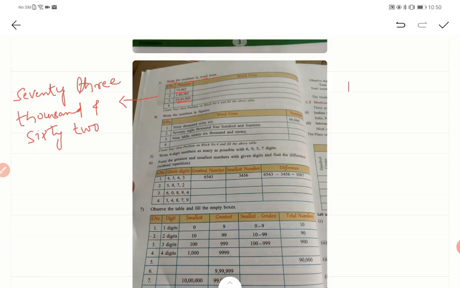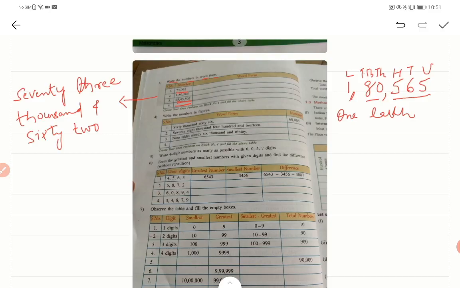See, if you have a doubt about how to write a number in word form, just note it down and give it place values: units, tens, hundreds, thousands, ten thousands, lakhs. So this is 1 lakh, 1,80,565. Try to give a big number and write that in word form.